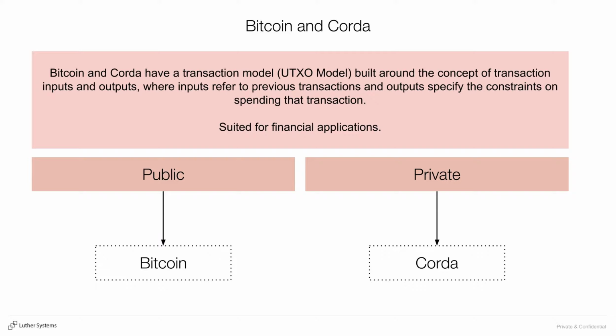And by having the constraints embedded within the transaction, so think in terms of constraints, it's along the lines of this: only the individual that has this private key can spend this transaction.